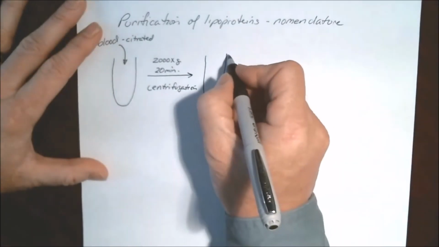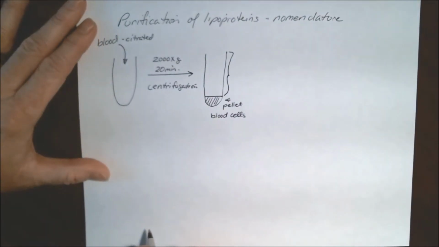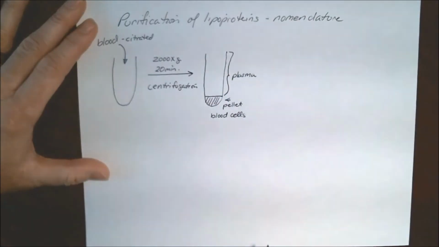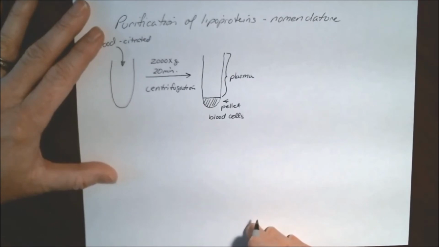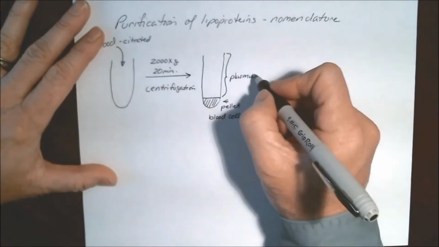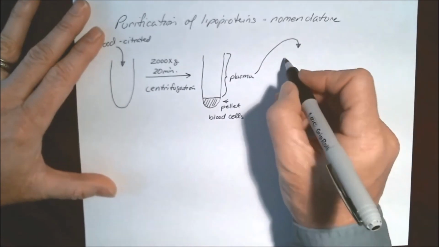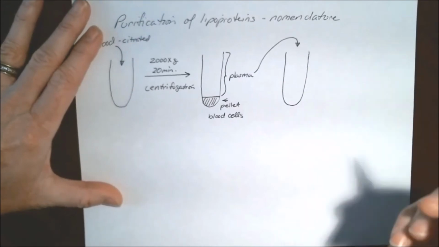This is not what we want. What we typically want to isolate the lipoproteins is the plasma fraction. The plasma fraction is going to contain our lipoproteins. So now we are going to take the plasma fraction out of this tube, and we are going to add it to the next tube.